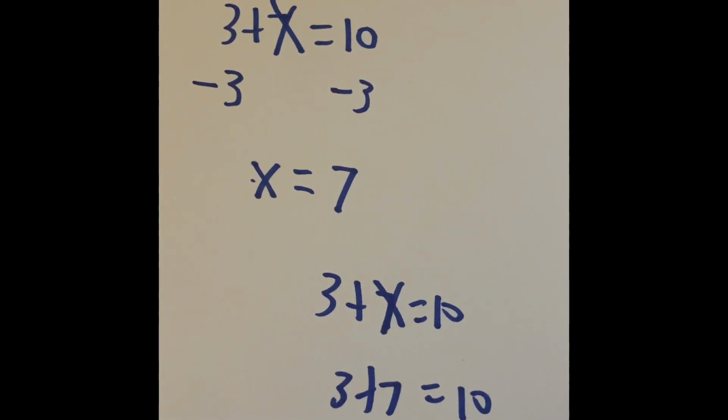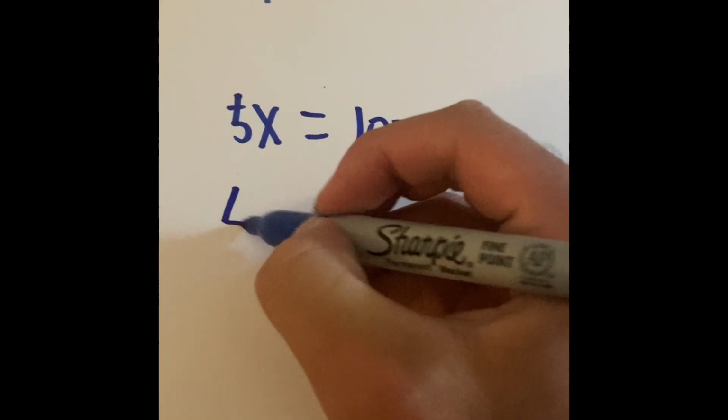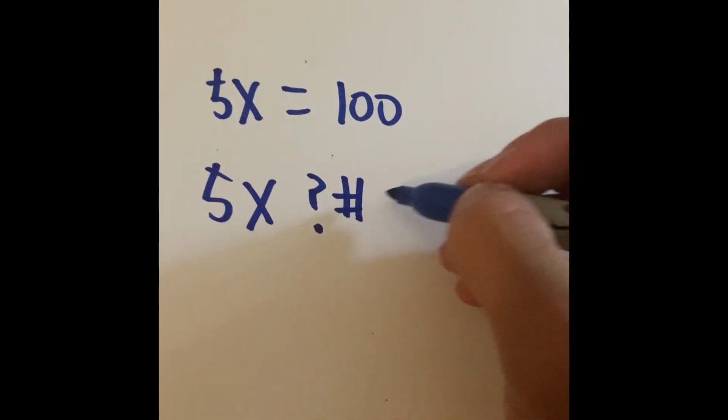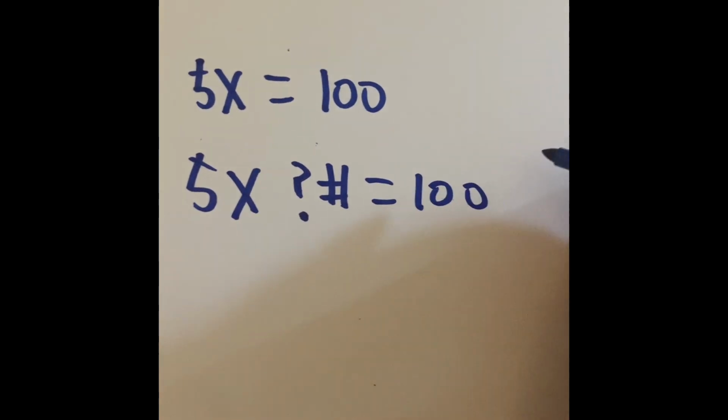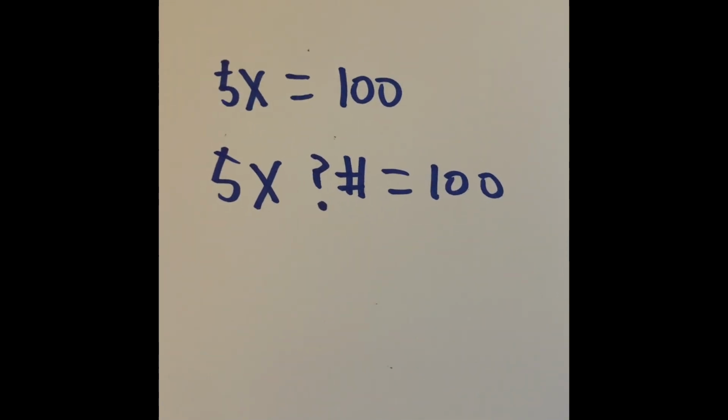Let's try something more challenging. Imagine we have 5x is going to equal 100. That is basically saying 5 multiplied by what number is going to equal 100? Instead of multiplying, we have to work backwards.